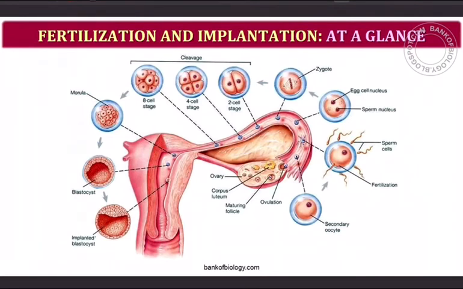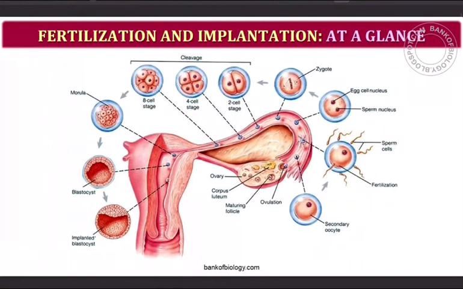Now the matured Graafian follicle bursts open and releases the functional ovum, which is absorbed by the fimbriae. It enters the fallopian tube, reaches the ampullary-isthmus junction, and waits there.